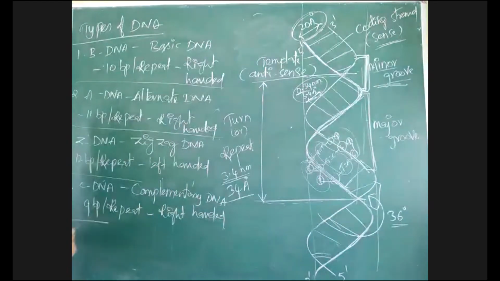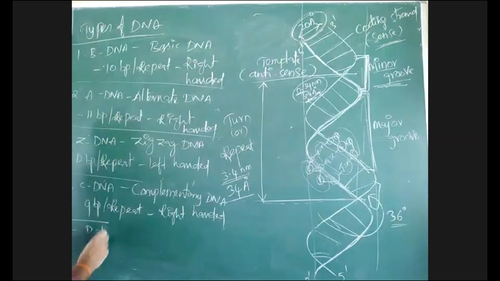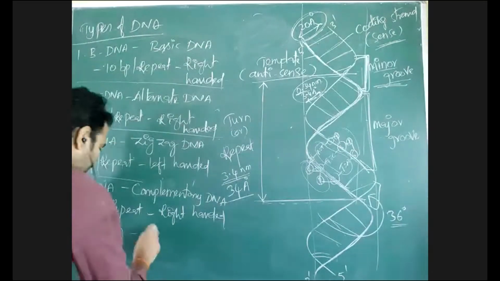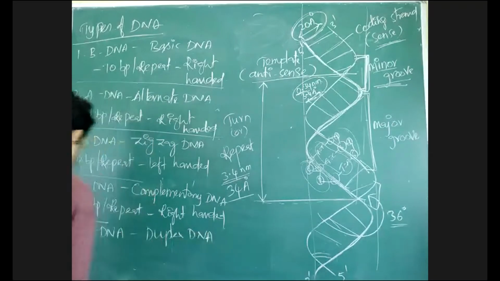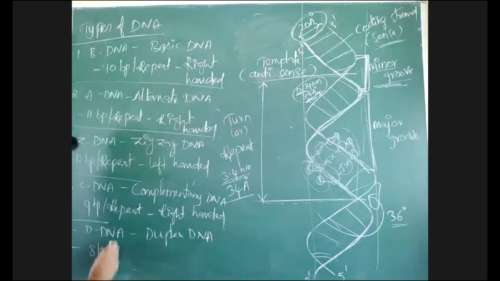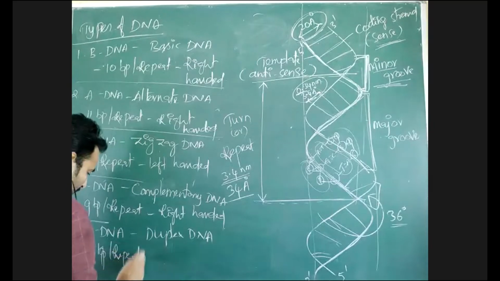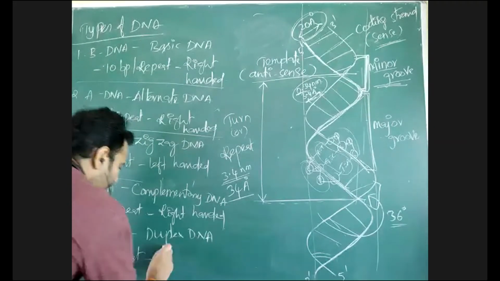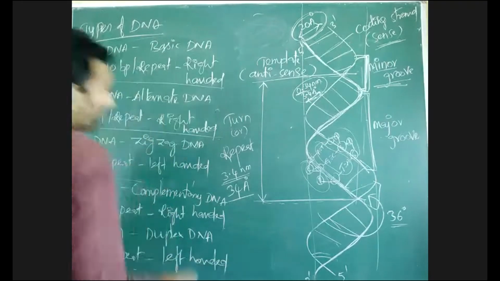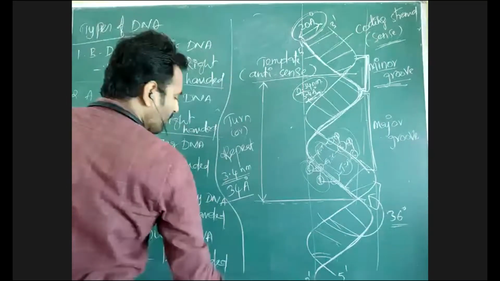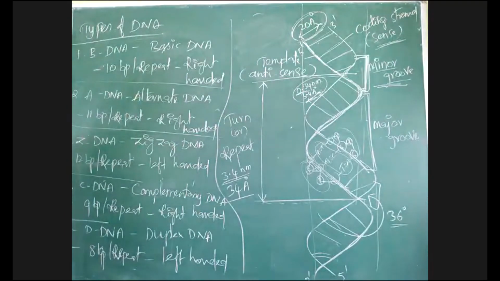And the fifth one is ddNA. This ddNA stands for duplex DNA. This duplex DNA has 8 base pairs per repeat. This is a left-handed helix. These are 5 different types of DNA.